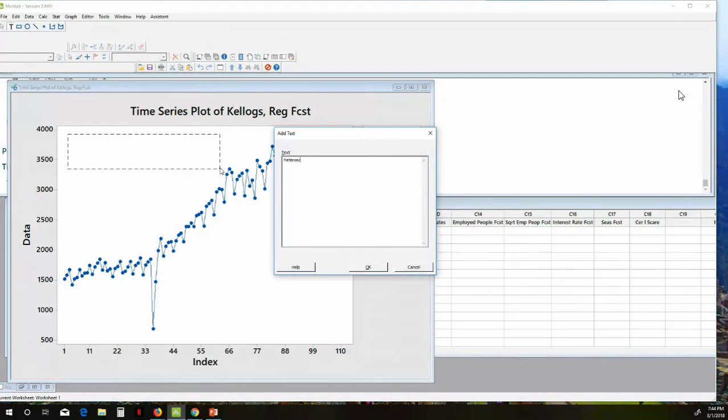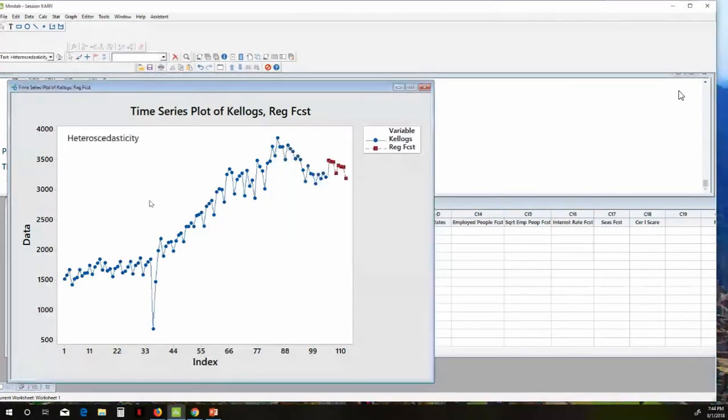Heteroscedasticity. You see it? And what does that mean? Let's get a plot of the residuals.